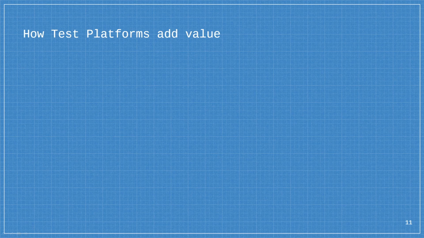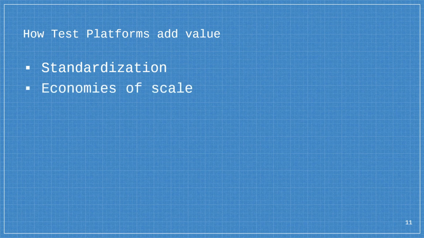So that's the components. If that's what a test platform is, then how do they add value? The key one we've just talked about was standardization. Once you get them all standardized and you basically have a standard set of building blocks you use to create test stations with, then you can take advantage of economies of scale.